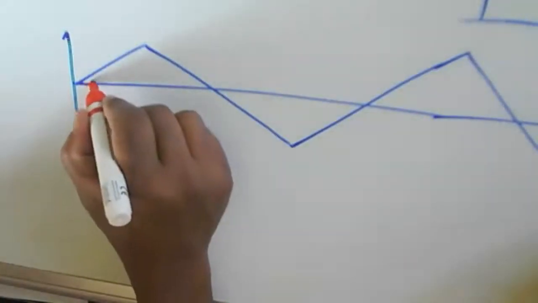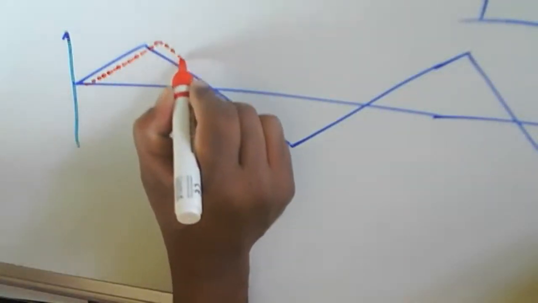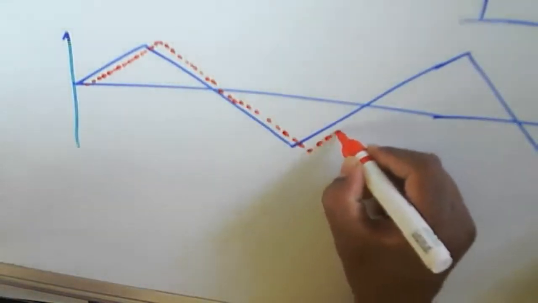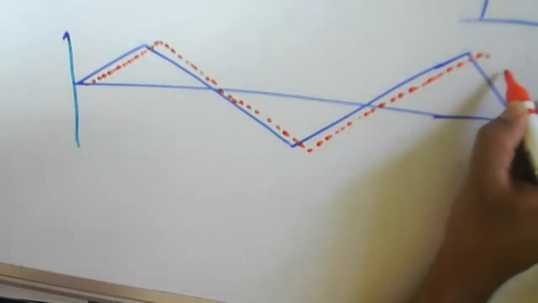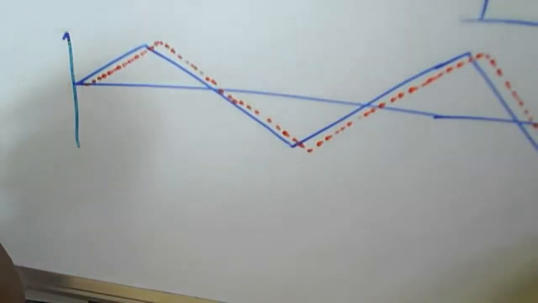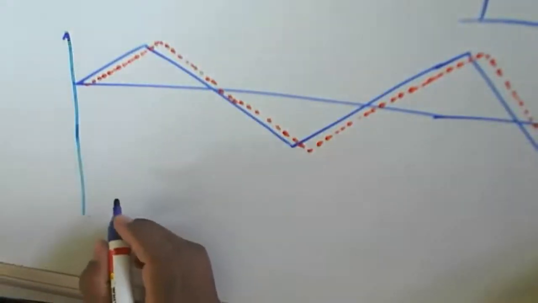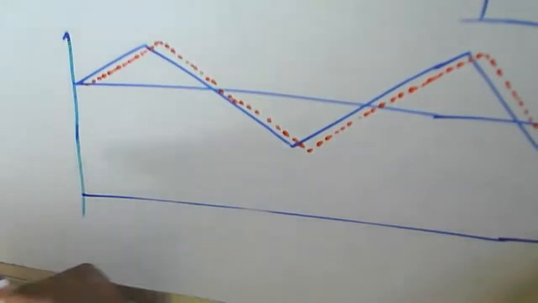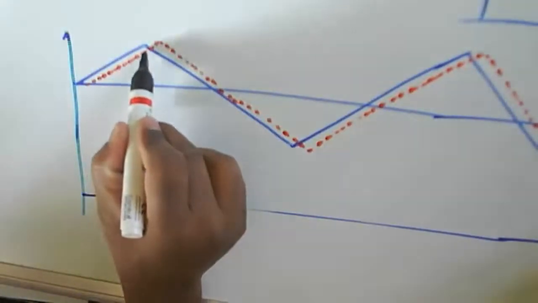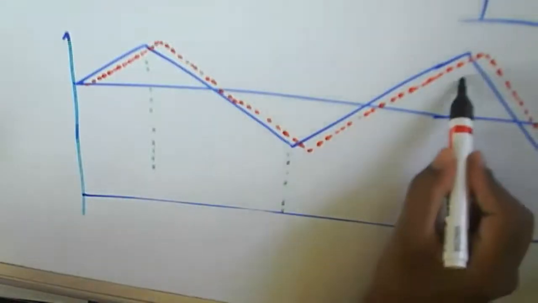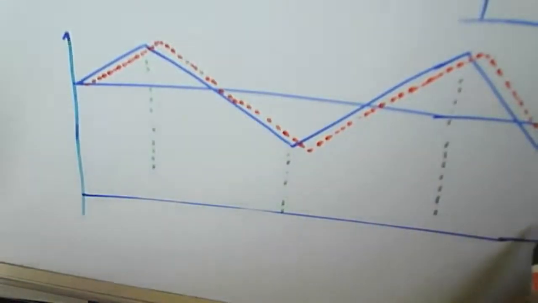We are supposed to consider that there will be the echo now. This one is the received signal, we can say. And similarly, we are supposed to define what will be the beat frequency. In this particular case, this one will be the up, this one will be the down.